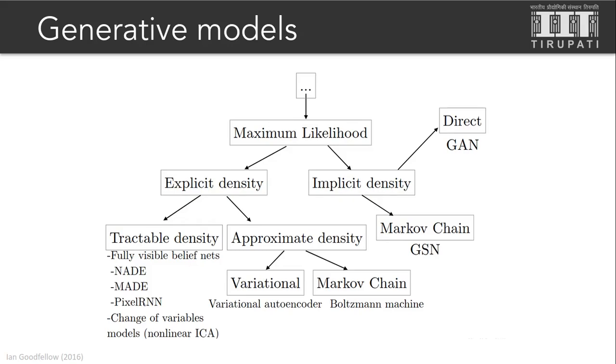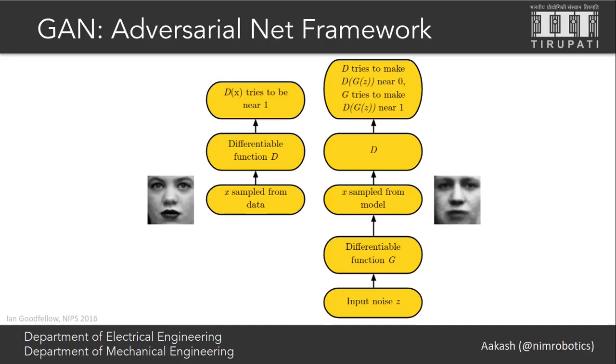These are generally distributed under two categories, explicit and implicit. GANs fall under the implicit type, and we can also see that they belong to the maximum likelihood methods, which is similar to KL divergence, but GANs use JS divergence. You will see that later.